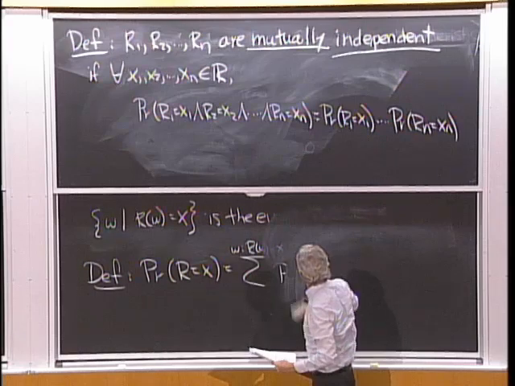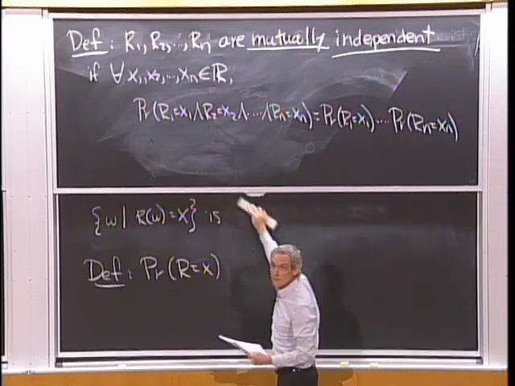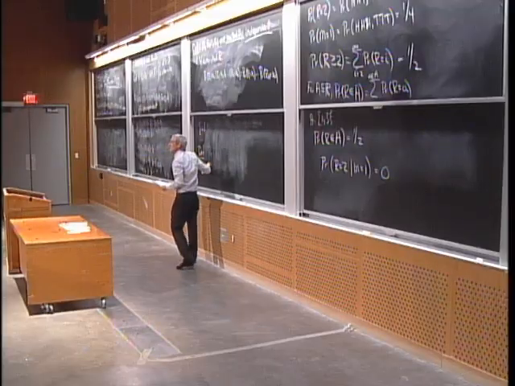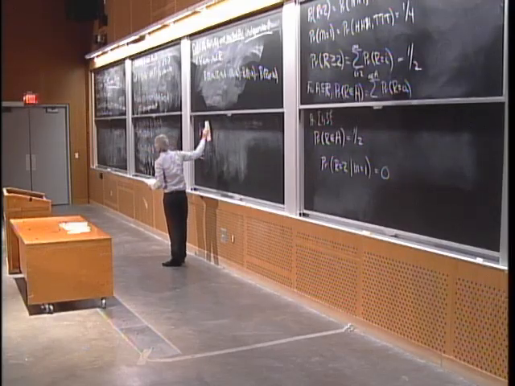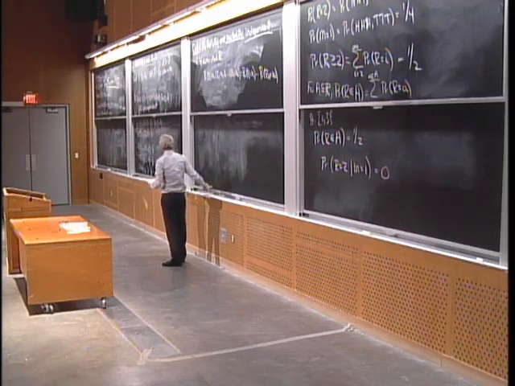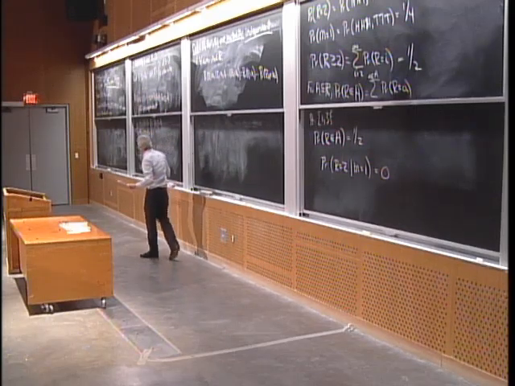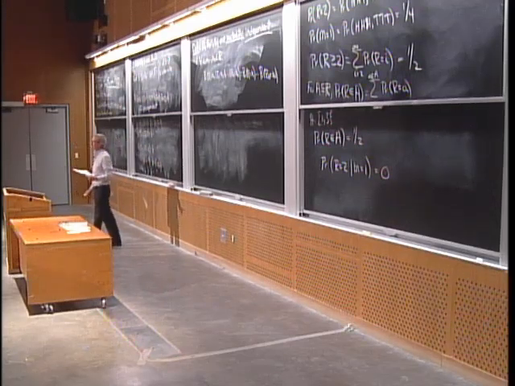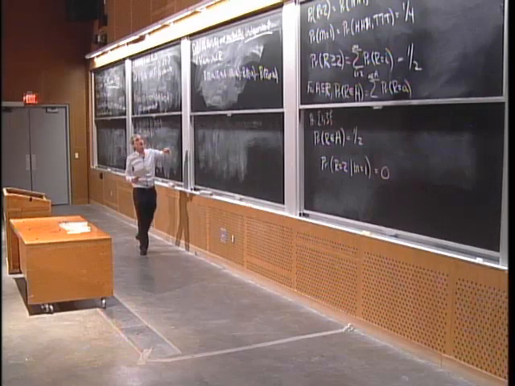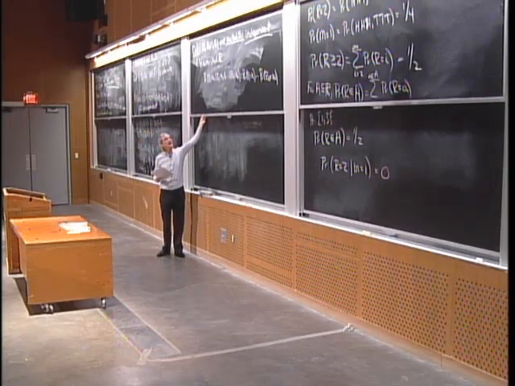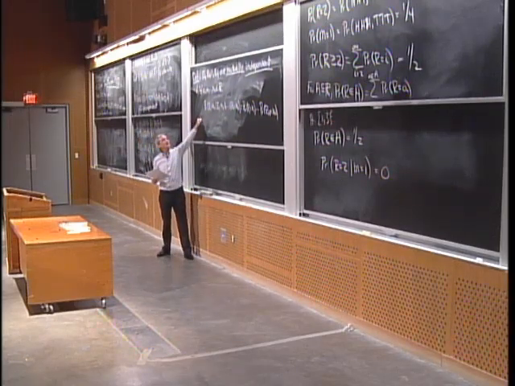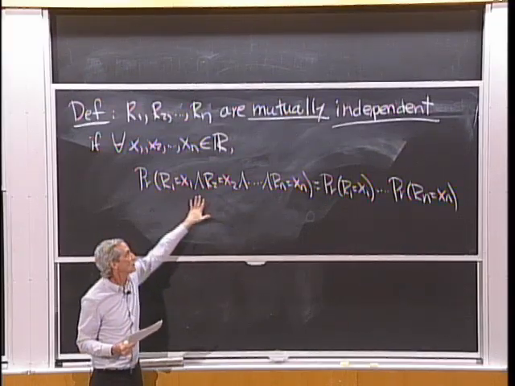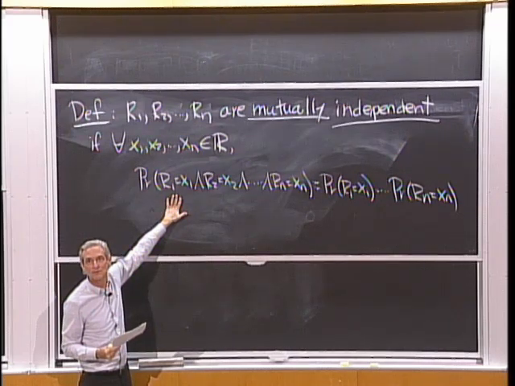Any questions about mutual independence? Yeah. In the events, you have to check any subset of them. Yes. So in the conditional form, you check any subset. Here, you don't have to worry about the subsets. You take any possible value for all of them. So there's no subset notation in this version.